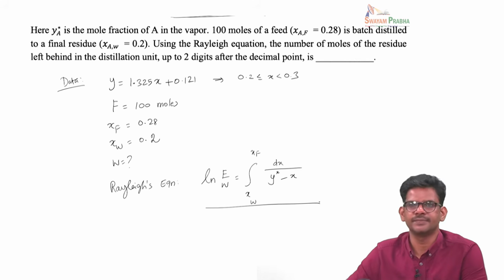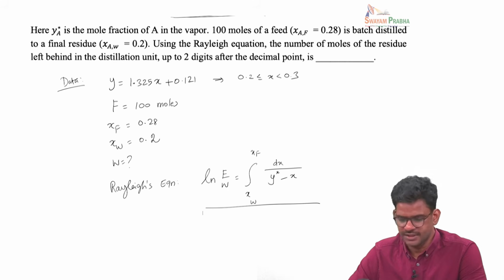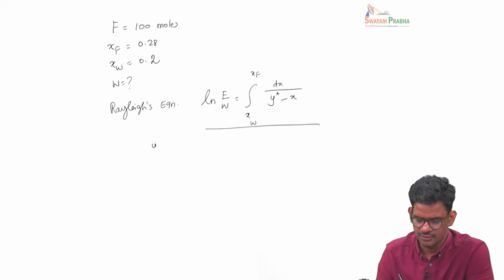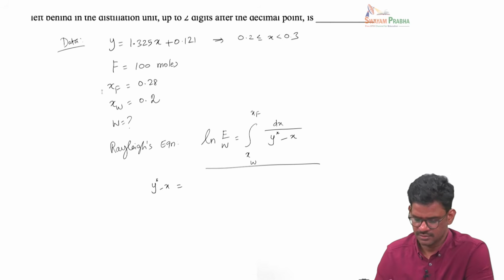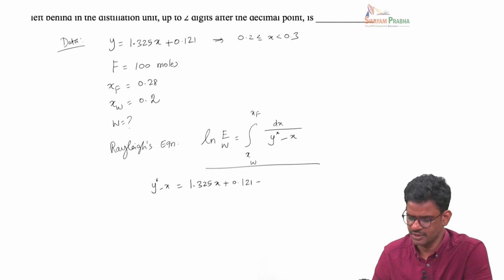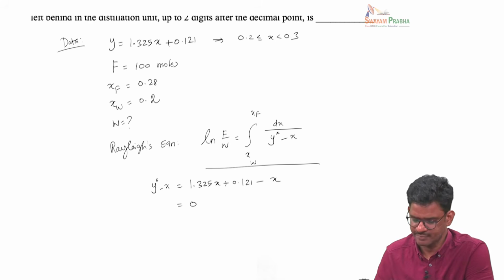In this equation, y star is given in terms of linear relations, so we can find y star minus x as 1.325 x plus 0.121 minus x. So we will get 0.325 x plus 0.121.